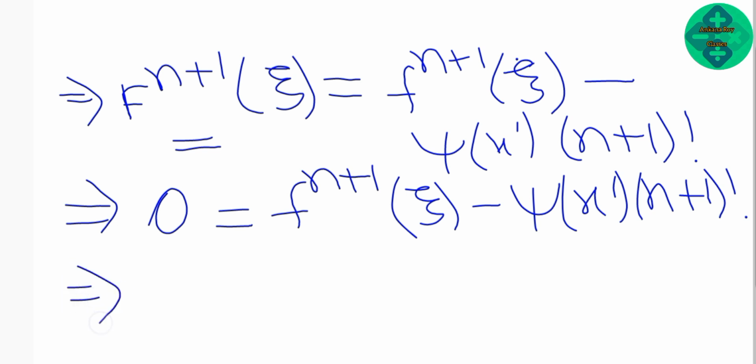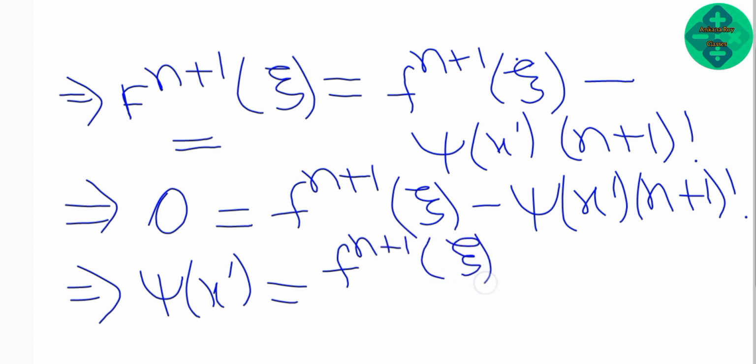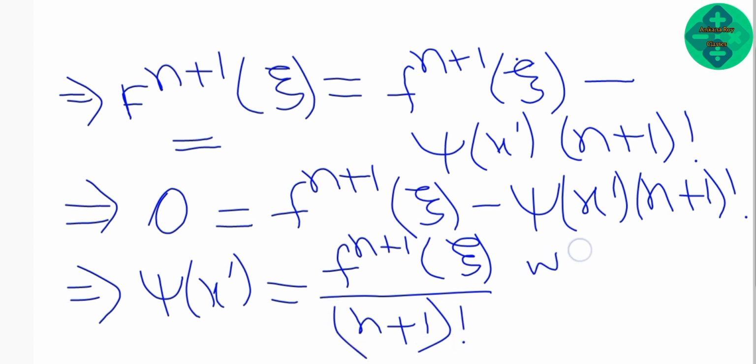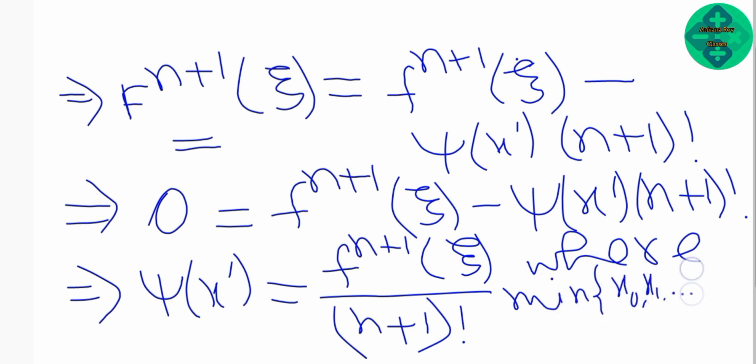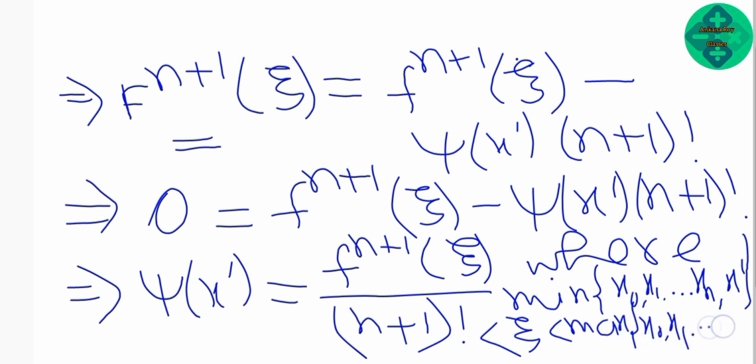This implies psi(x') is equal to the (n plus 1)th derivative of small f at the point xi divided by n plus 1 factorial, where the minimum of x0, x1 up to xn and x' is less than xi less than the maximum of x0, x1 up to xn and x'.